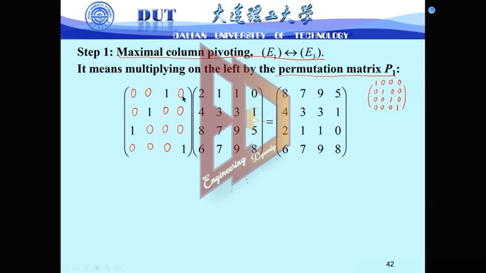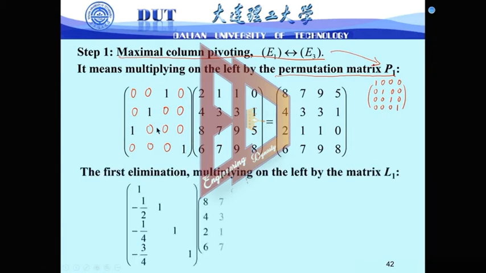Then we obtain P1. Is it okay? That means P1 uses the same interchange of the first and third rows on the identity matrix. So this is P1. We don't change the second row and the fourth row: 0 1 0 0 here, and the last row 0 0 0 1.